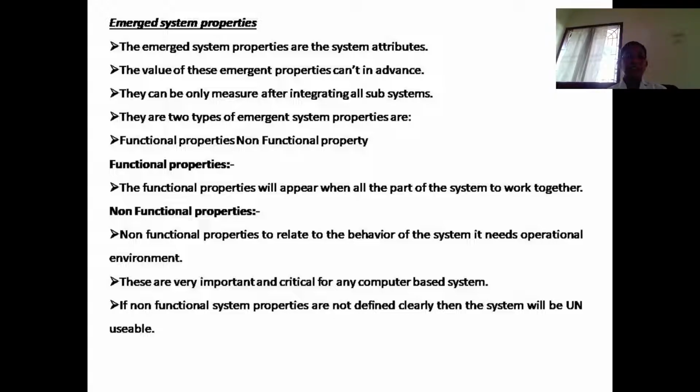A non-functional property relates to the behavior of the system in its operational environment. These are very important and critical for any computer-based system. Okay, if the non-functional system properties are not defined clearly, then the system will be unusable.